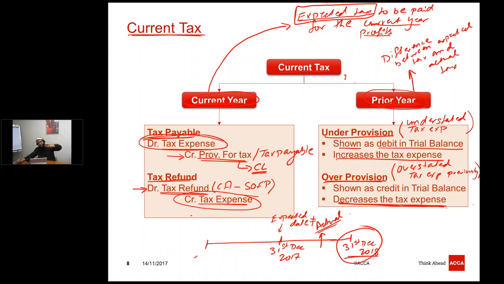So now we are going to decrease the tax expense, and this will be shown as a credit in the trial balance. So whenever there is a debit balance in the trial balance, we are going to say that this is an under provision. And if the balance is a credit balance, we are going to say that this is an over provision. Yes, Elvis, debit means understatement of tax expense.